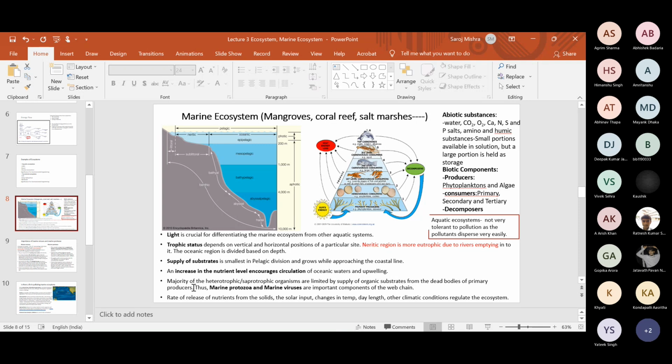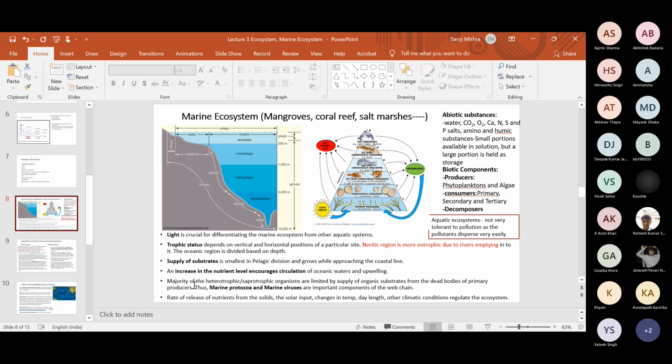So when you say heterotrophic organisms, you look at whales and fish, and they are very much limited. What kind of organic substrate are they going to feed on? Very limited amounts of primary producers are available to them.